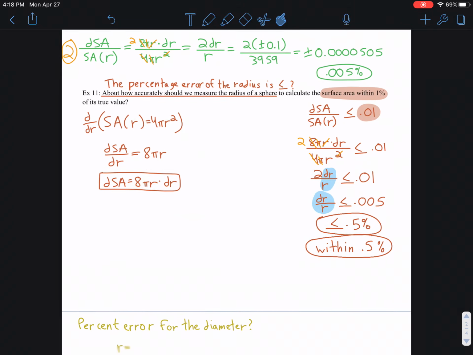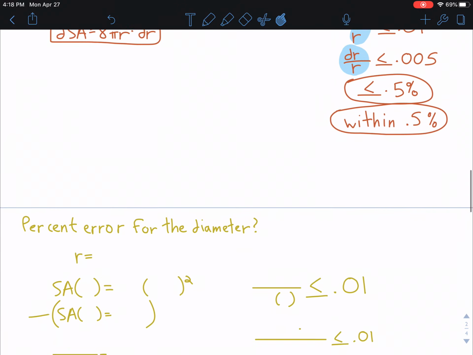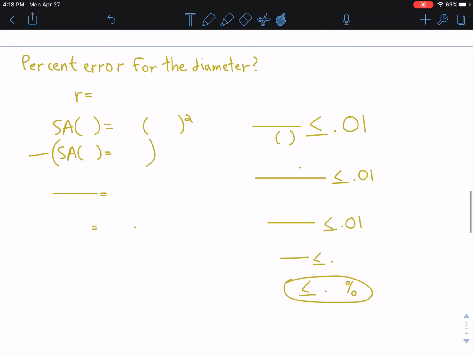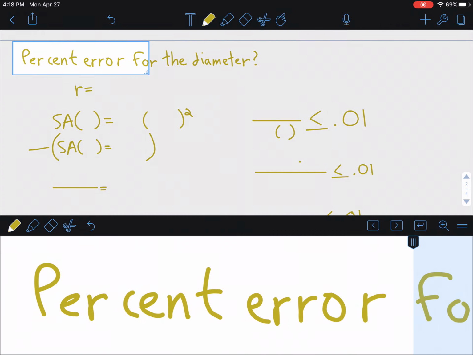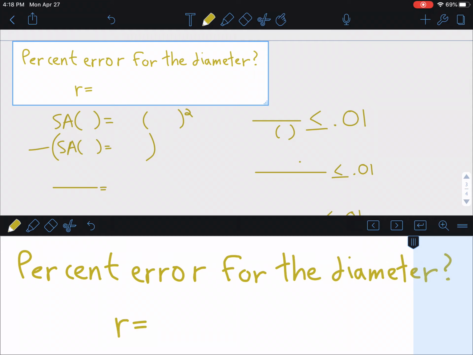Let's see what happens. Okay, let's do this. So I'm going to go to a blank page here. And what if I had asked for the percent error for the diameter? Again, still the same goal: surface area has to be within 1%. Now, one thing that is going to strike you right away is we don't have a surface area formula in terms of the diameter of the sphere, right?